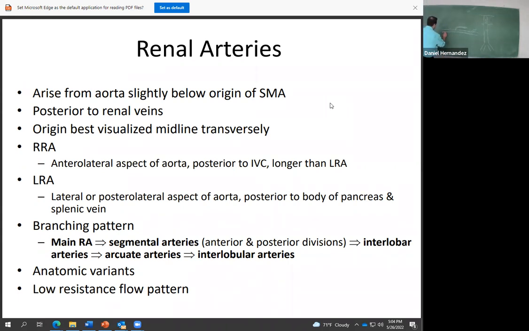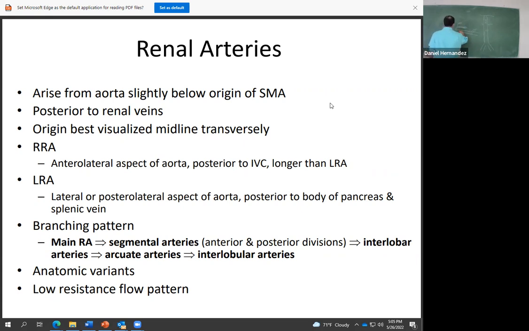The segment of the aorta that's above the level of the celiac axis, or the celiac artery, we consider proximal. So if we want to image the proximal abdominal aorta, we're referring to the segment that is above the level of the celiac. So this is our celiac, SMA.